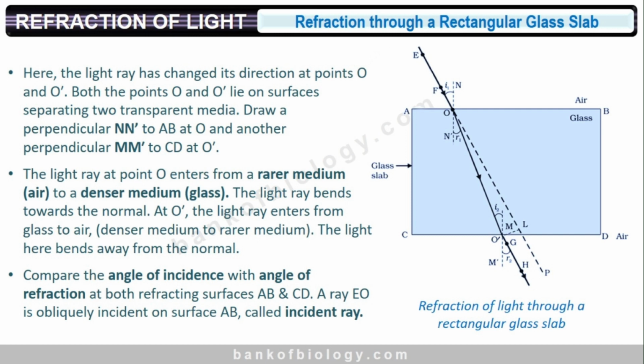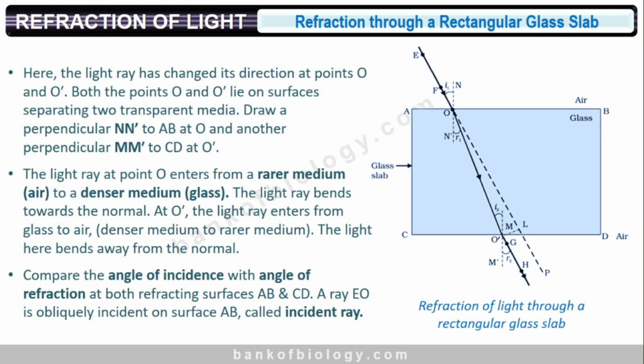The light ray at point O enters from a rarer medium, air, to a denser medium, glass. The light ray bends towards the normal. At O dash, the light ray enters from glass to air, denser medium to rarer medium. The light here bends away from the normal.